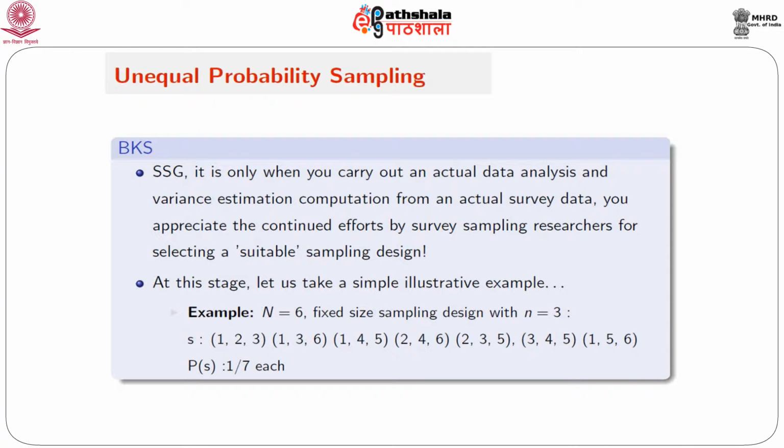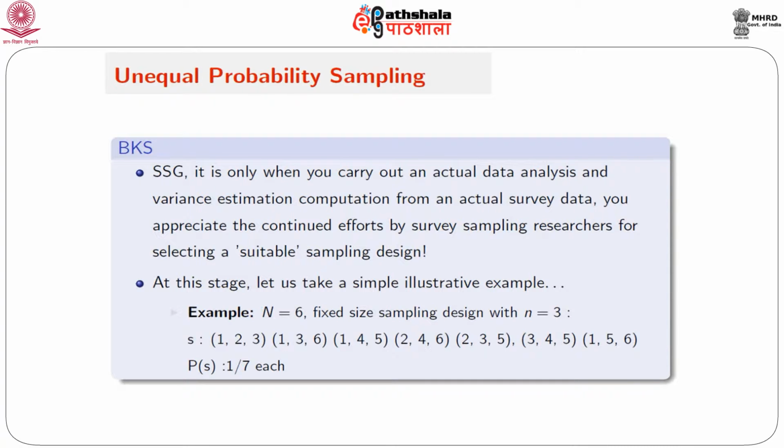I am referring to a hypothetical example of 6 units in the population, a fixed size sampling design of size 3. You can see there are all kinds of samples of size 3, starting with 1, 2, 3, going all the way up to 1, 5, 6. It's not that I have picked up all triplets. All triplets are 6 combination 3, which is 20.